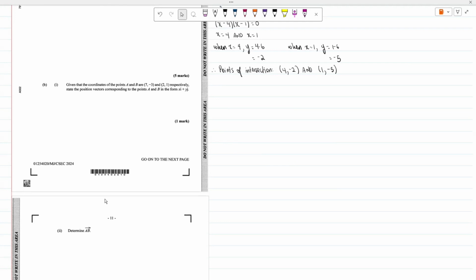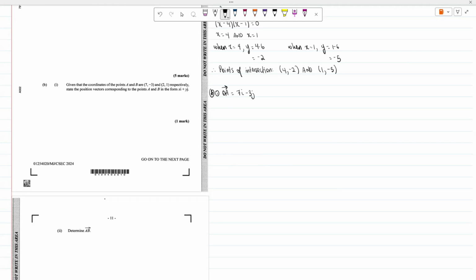So if I have a point somewhere in space, a position vector goes from the origin to that point. So very, very easy. This is B part 1. The position vector OA is just going to be the x coordinate of A i, and then the y coordinate of A j.